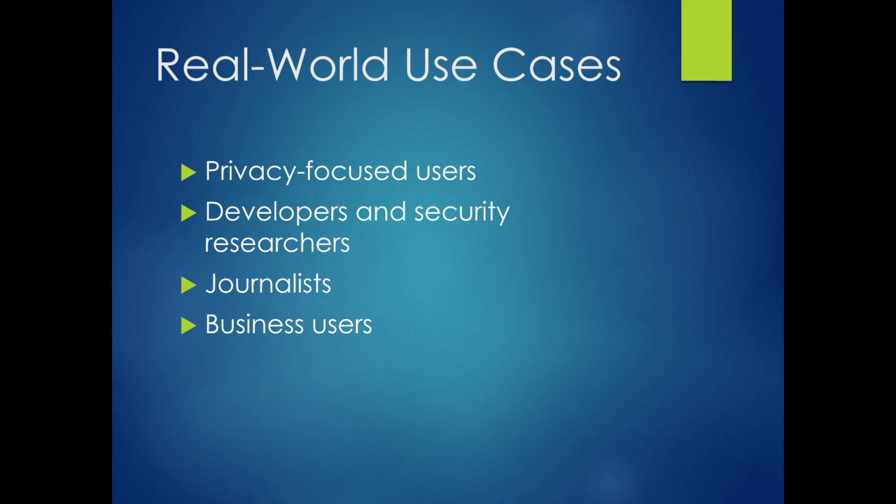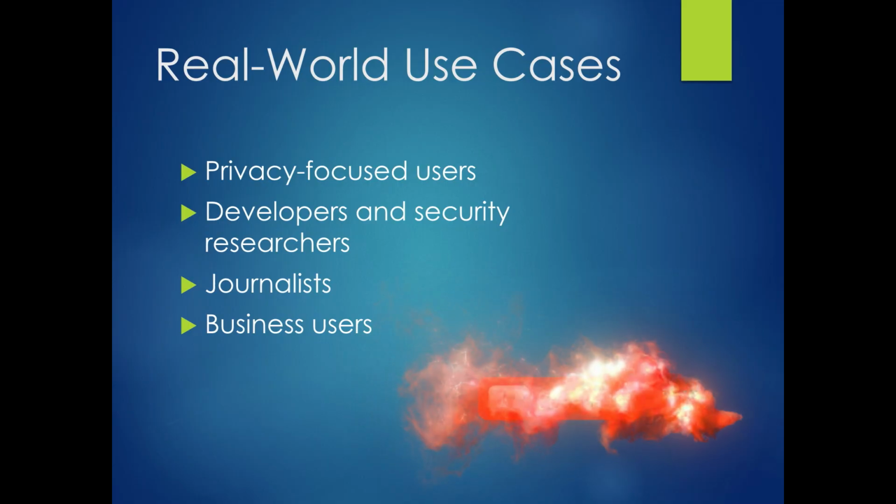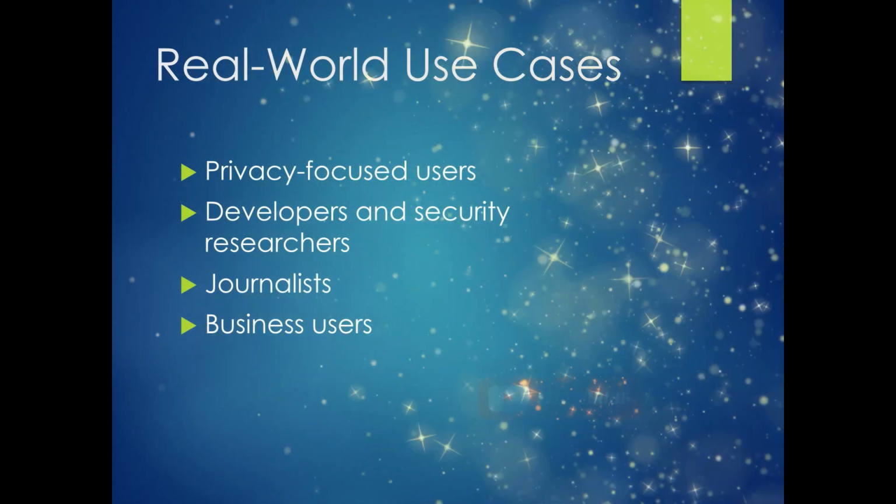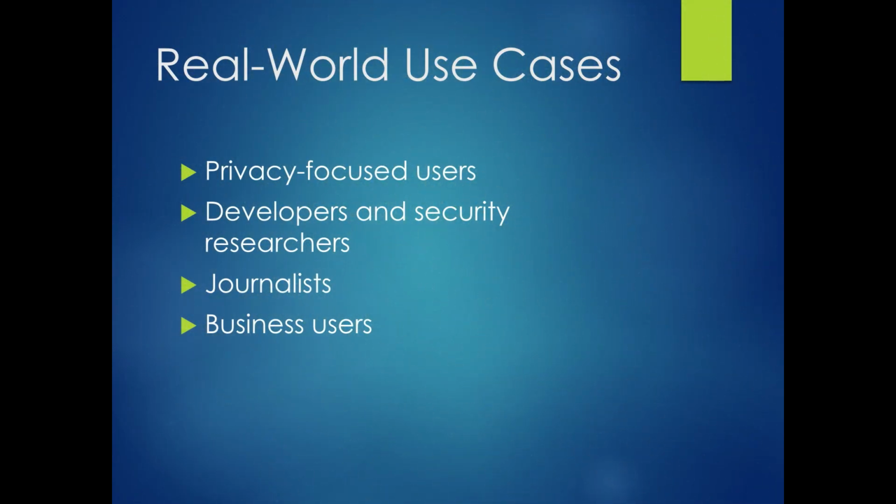Journalists can use it, as they have privacy concerns and their work is related to many things that should not go out. Business users whose data is very important, if it is shared outside it will be very bad for their business. So these kinds of use cases are there.